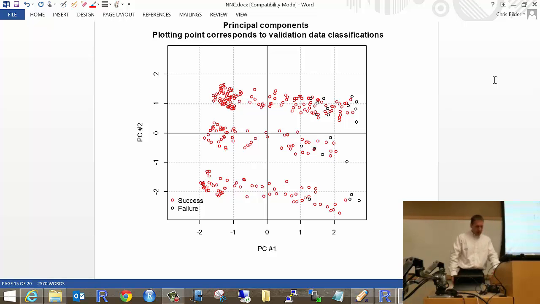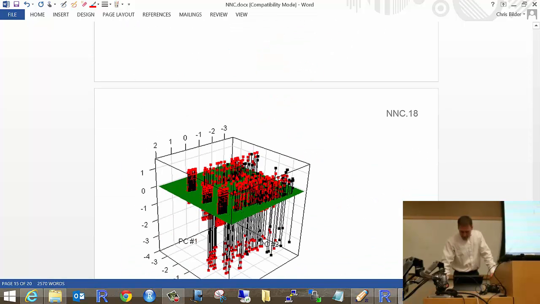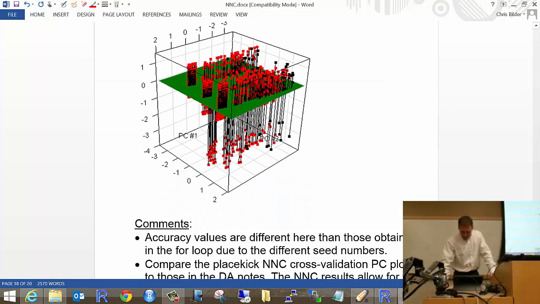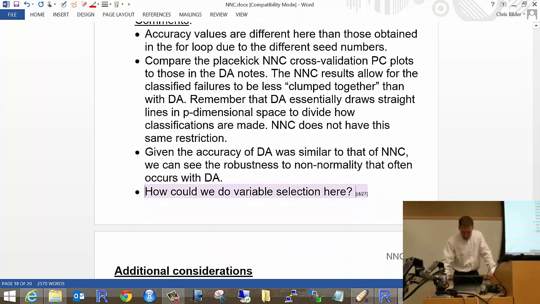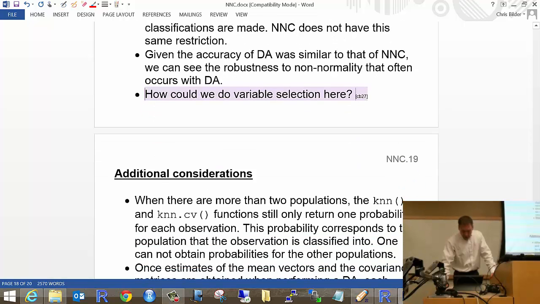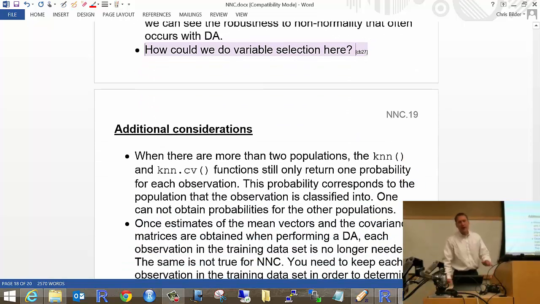Okay, takes us to page 18. So how can we do variable selection here? Well, similar to discriminant analysis, there's simply not a good way to do it.